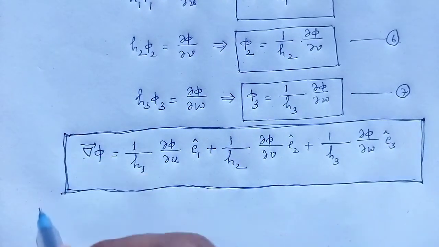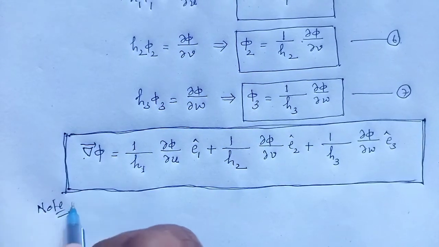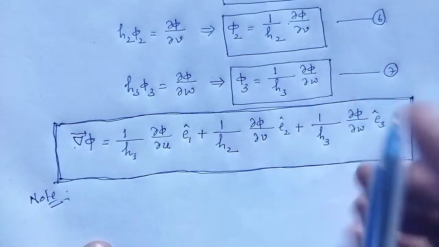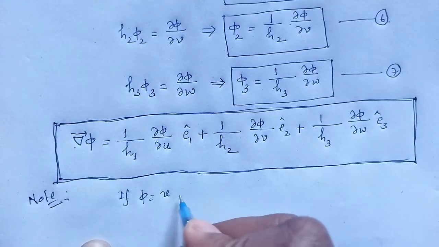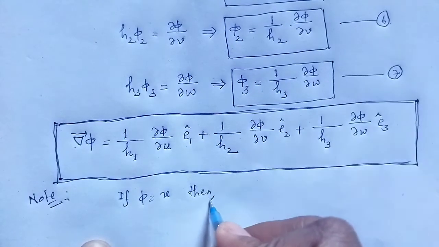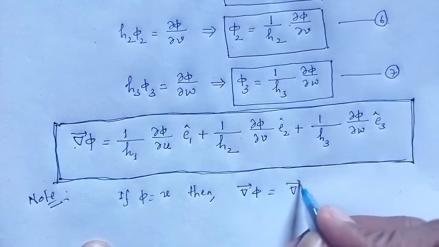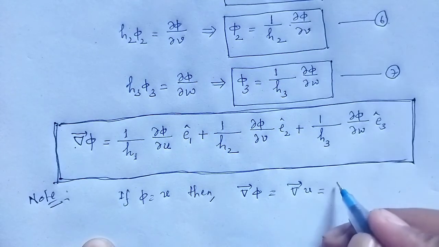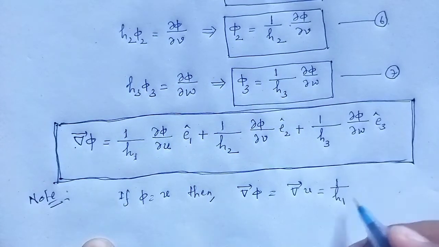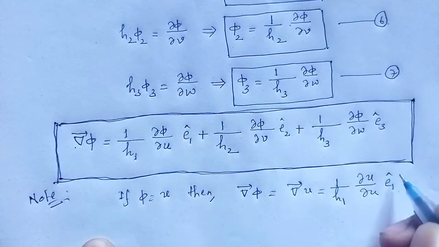You have to remember a note on that particular case. Note, if phi is equal to u, then grad of phi, that is grad of u, is equal to 1 by h1 del u by del u into e1 cap.